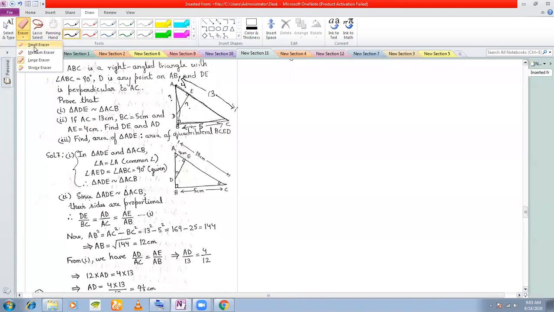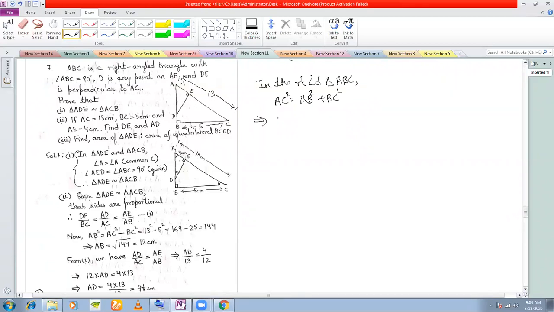So therefore, from Pythagoras theorem, I can find out AB. So in the right angle triangle ABC, I have AC square is equal to AB square plus BC square.